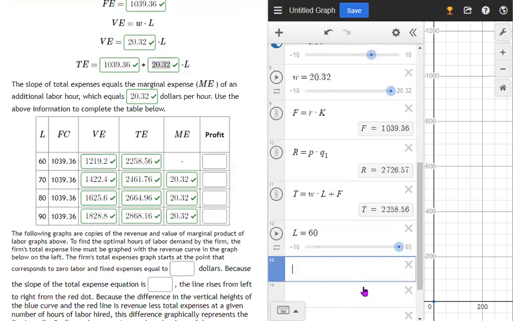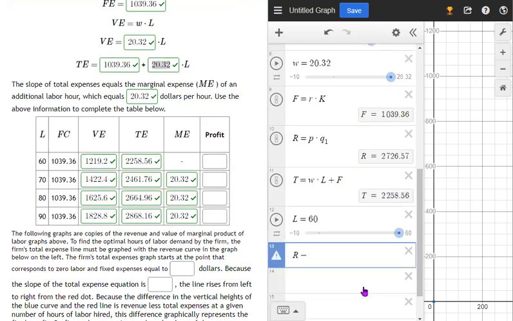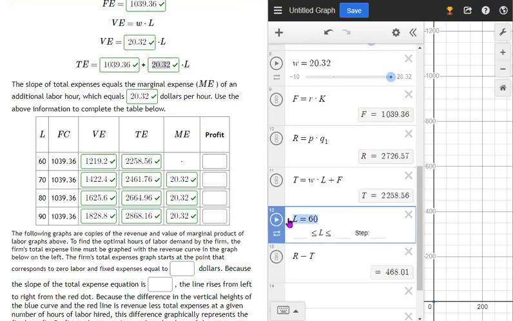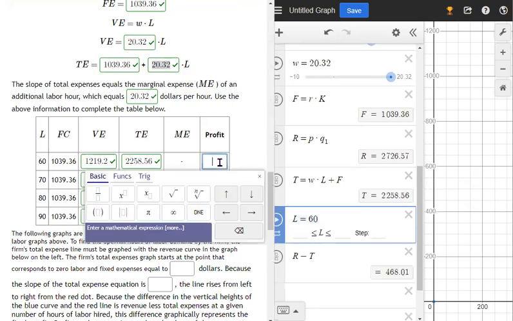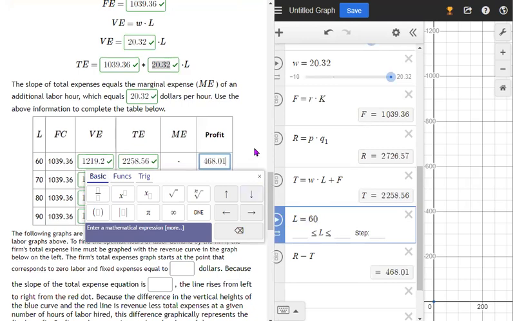So the profit is just the difference between revenue and total expenses. My profit when labor demand is 60 is $468.01.